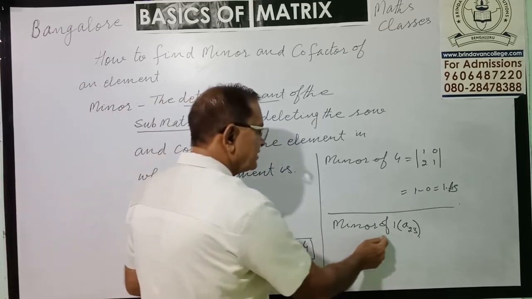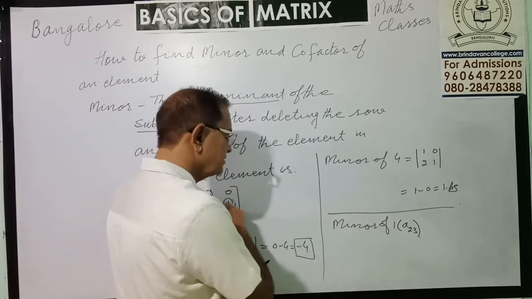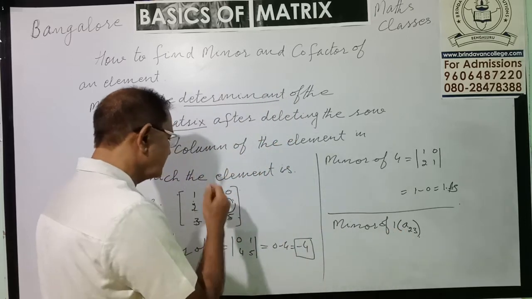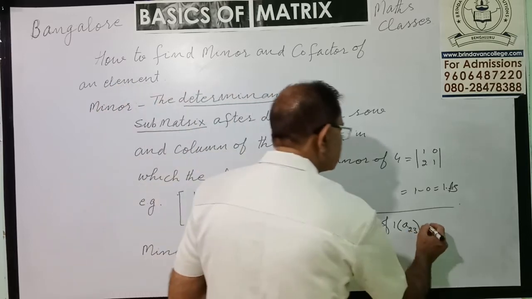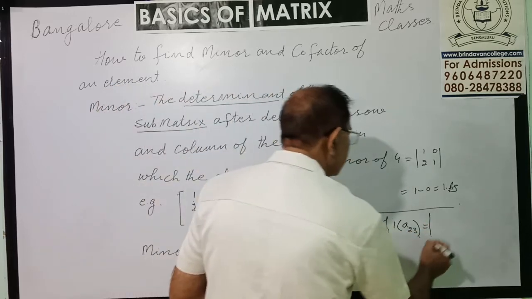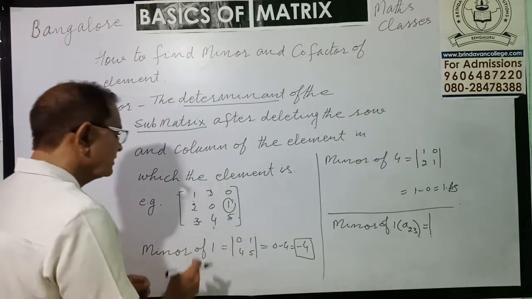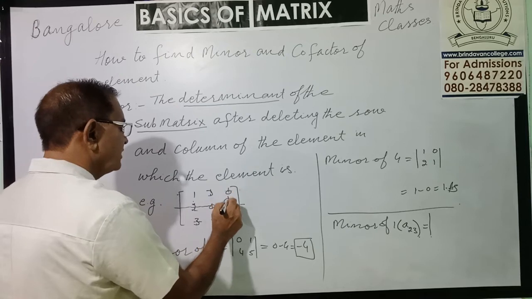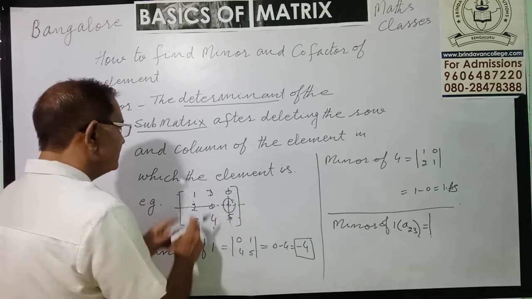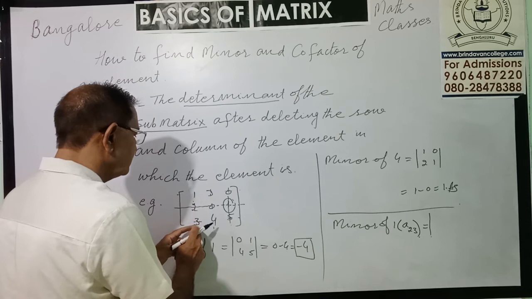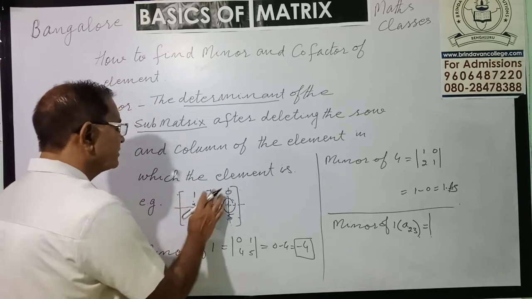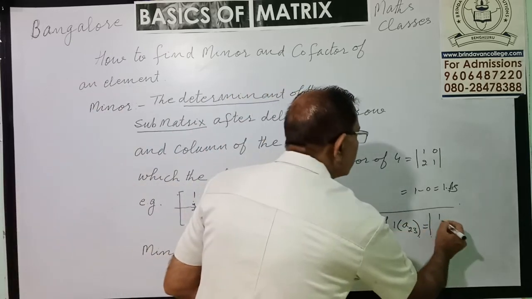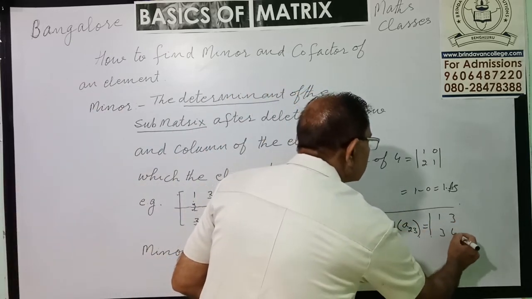So I will write minor of 1 as A2 to differentiate these 1s. A2 1 means in the second row, third column, equals, after deleting the row and column, find the submatrix. The submatrix will come out to be 1, 3, 3, 4.